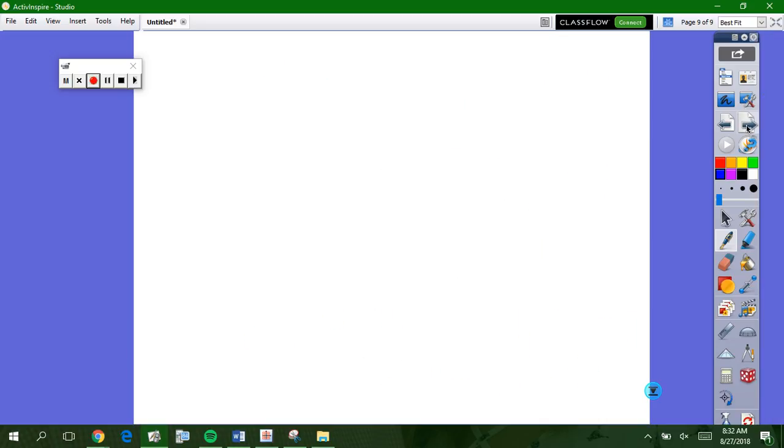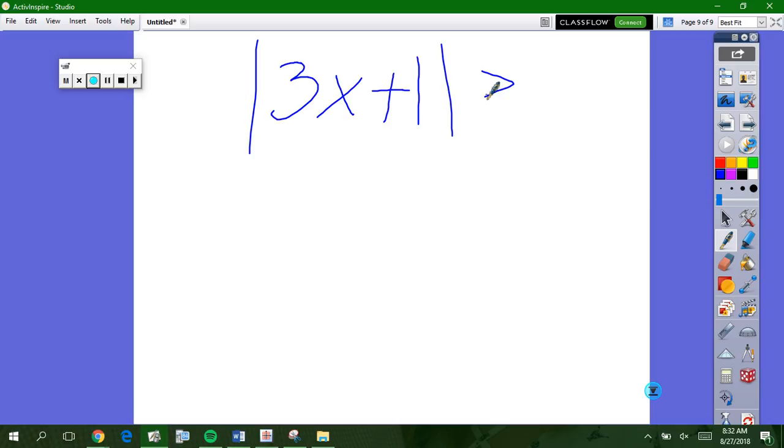Okay, let's do another one. Another inequality. I really like 3x plus 1. Whoa, what does that say?